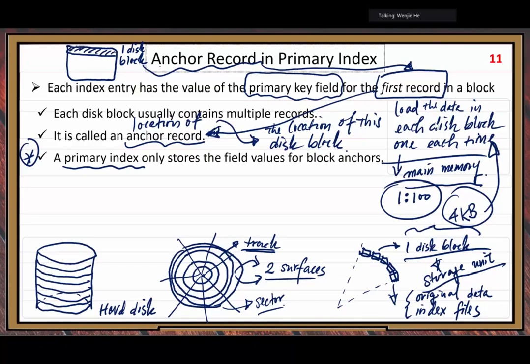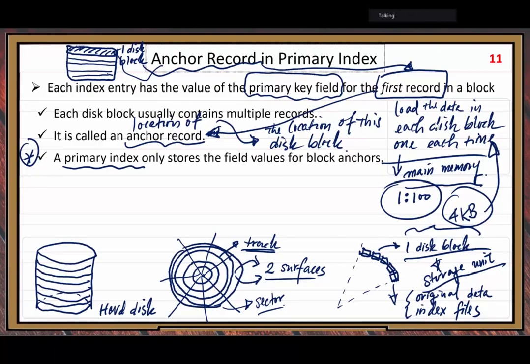The other rows are non-anchor records. Why do we not need to store their locations? Because every time we load the whole disk block into memory.